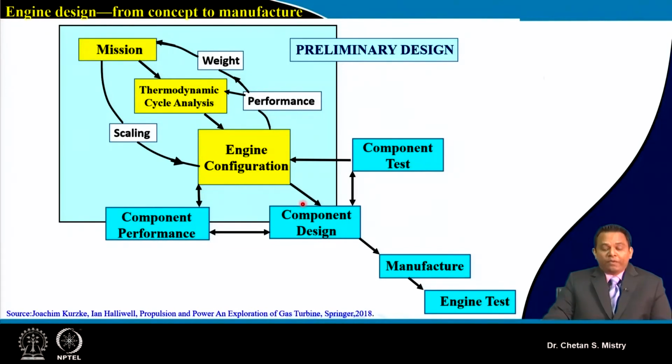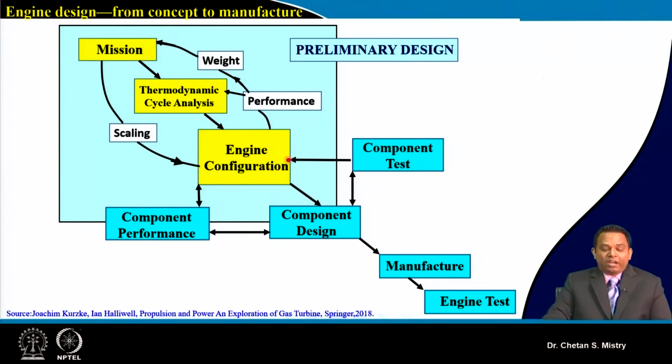Now when we are doing our individual stage, we need to check component testing, which may or may not be required. Suppose we are implementing some special kind of blading for the compressor; under that condition, maybe we need to go with component level testing. And we need to check whether it is meeting what we are looking for or not.